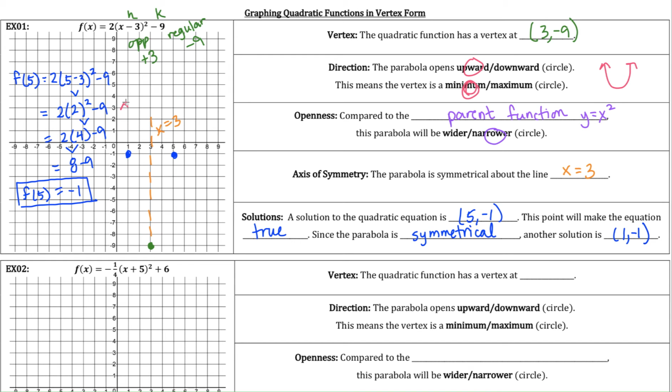I can probably draw that a little bit better. Something like that, right? It's not perfect, but let me try it one more time. So that's better, right? Okay.